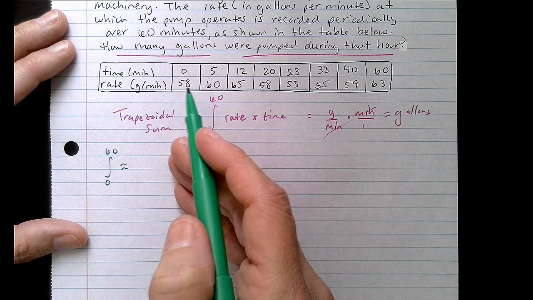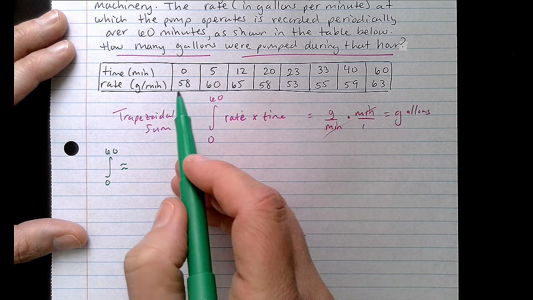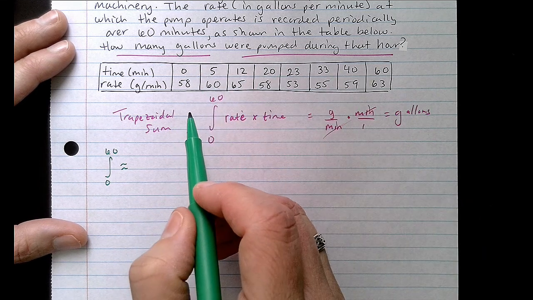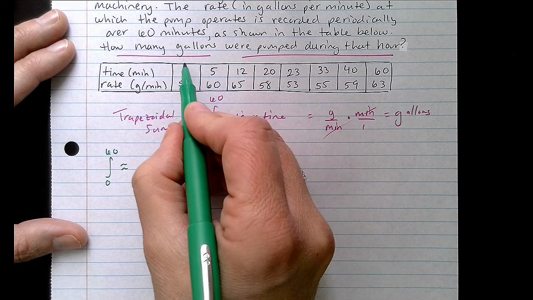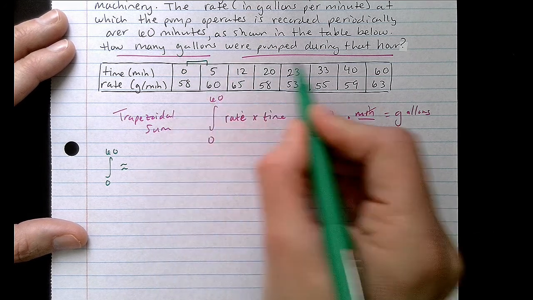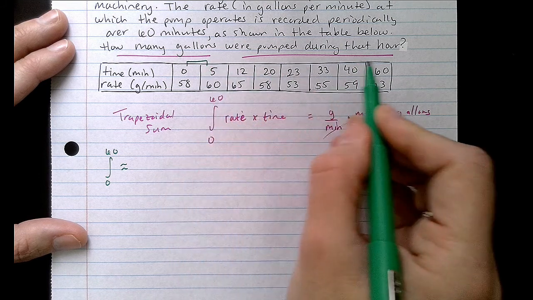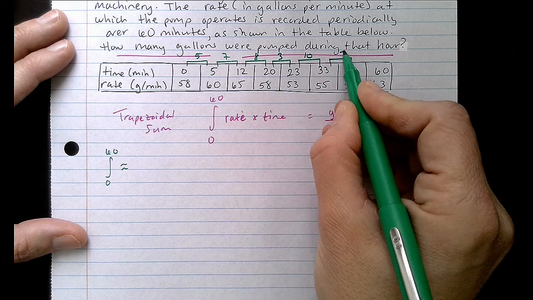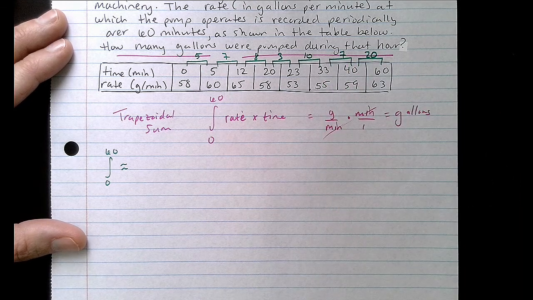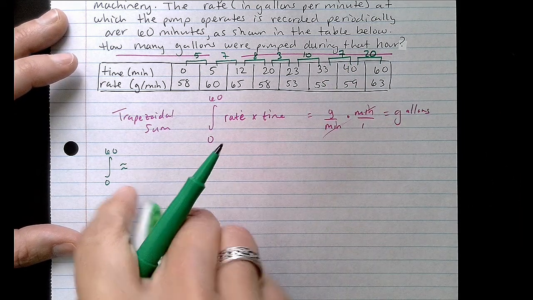We have to use the data in the table, and if you notice, these are not regular intervals. So we're going to have to compute each trapezoid individually. So the first thing I want to do is figure out what are all of my heights. Let's fix this integral.